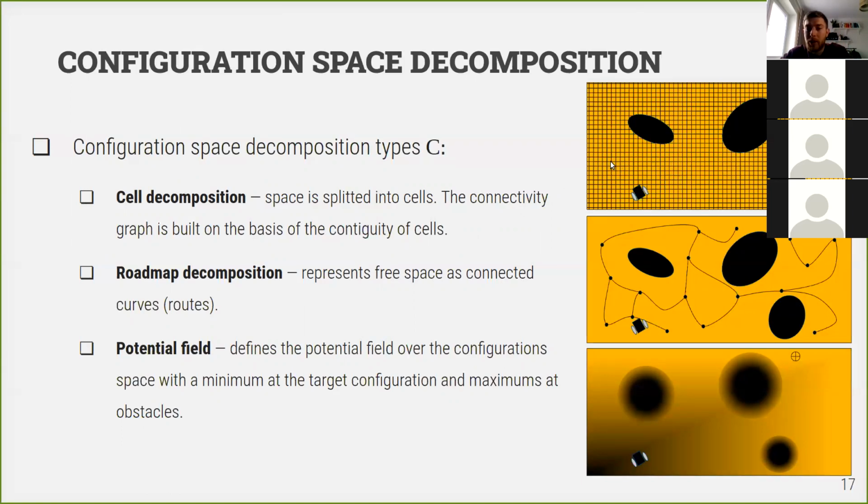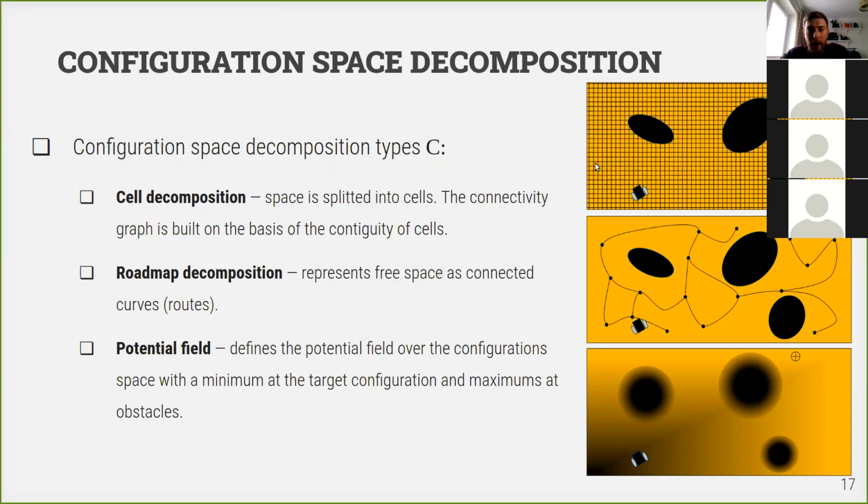So from each cell, if cells are squared, we can have either 4 transitions to top, bottom, left, right, or 8 if we can move also diagonally. We know what type of robot we have, either it can move diagonally or not. And based on this, we build the connectivity graph.